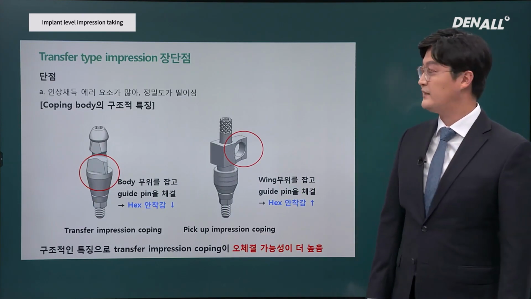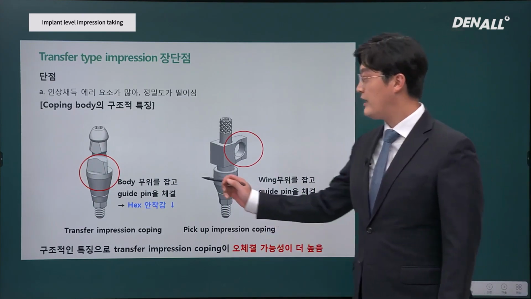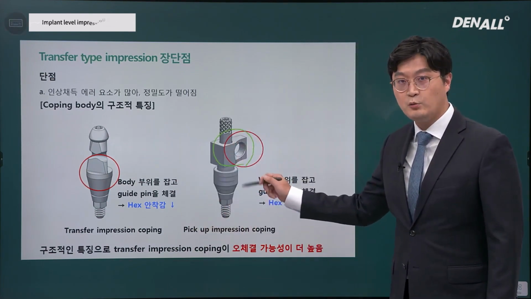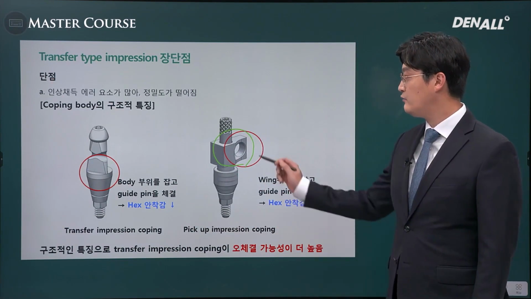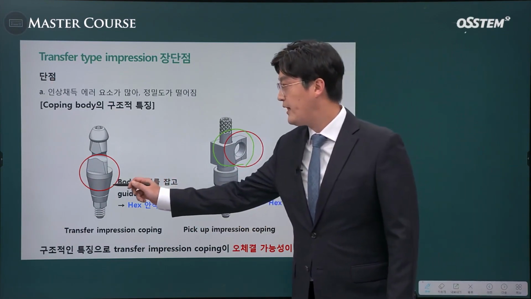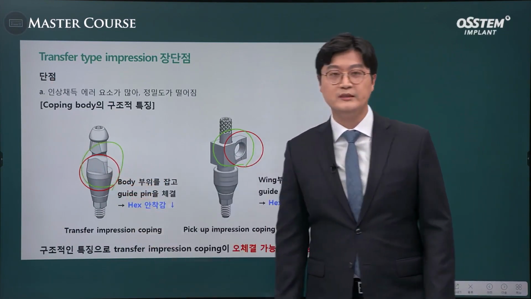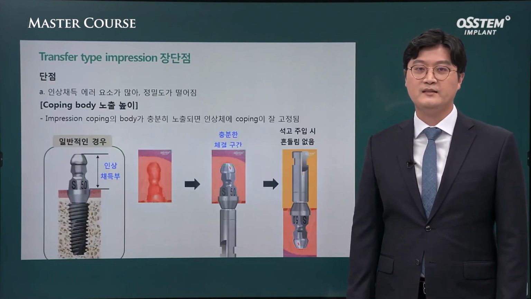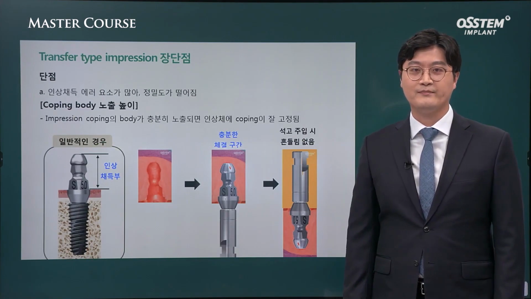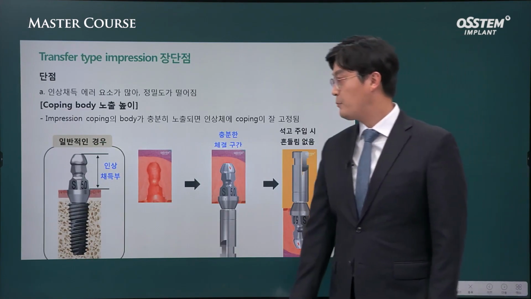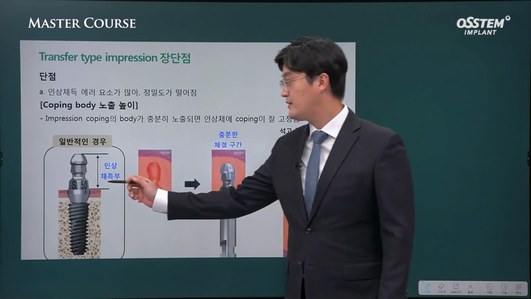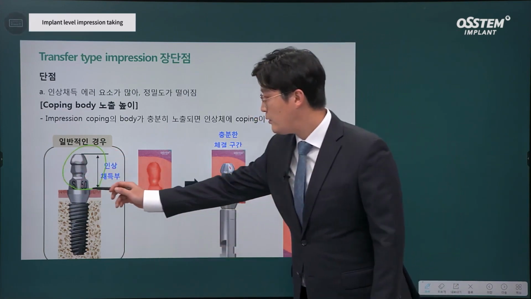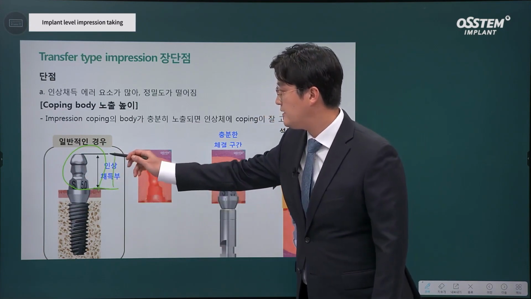Disadvantage of the transfer type: in the mouth, when the impression coping is connected, the pickup type has this part which can be held by a hand. The transfer type has no such part where you can hold it, so it is not easy to connect it in the mouth. The second disadvantage: unlike the pickup type, this part should be removed from the mouth and inserted in the impression.